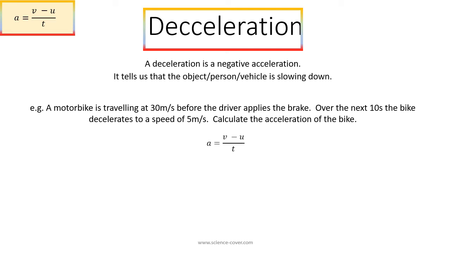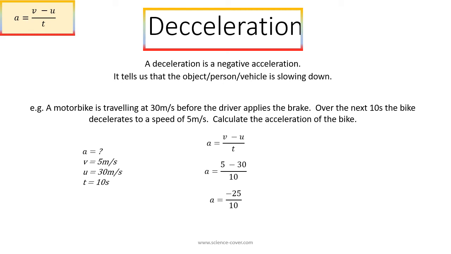We can use the same equation. Acceleration is v minus u over t. However, this time, our initial speed of 30 meters per second is larger than our final speed of 5 meters per second. When we substitute these numbers into the equation, we can see that v minus u now equals 5 minus 30. This will of course give us a negative number.